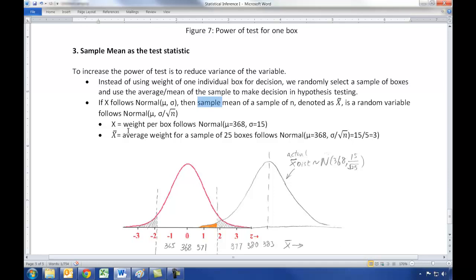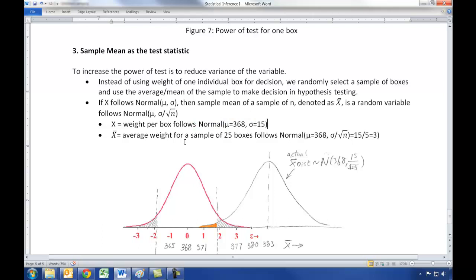Let's look at the cereal box for an example. So the raw variable, which is the weight per box, follows a normal distribution of mean equal to 368 and standard deviation of 15.